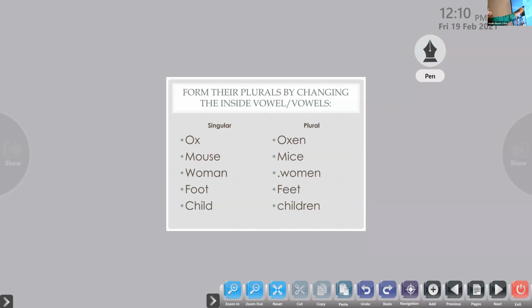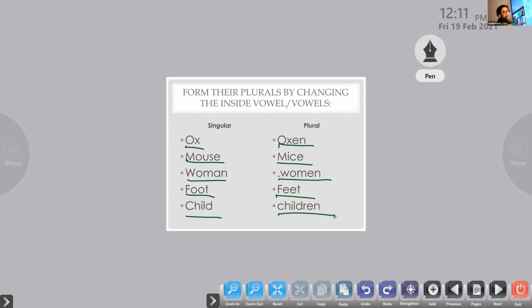Ox, oxen. Mouse, mice. Woman, women. Foot, feet. Child, children. Learn this well.